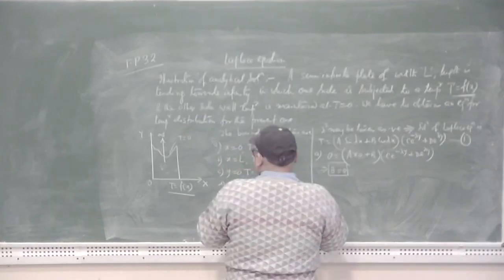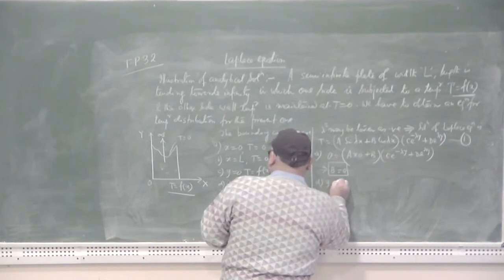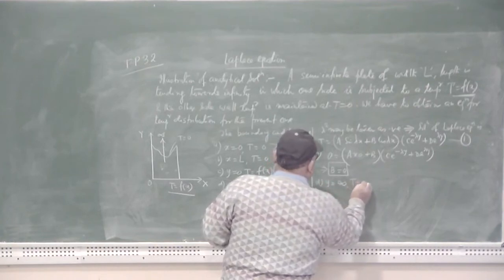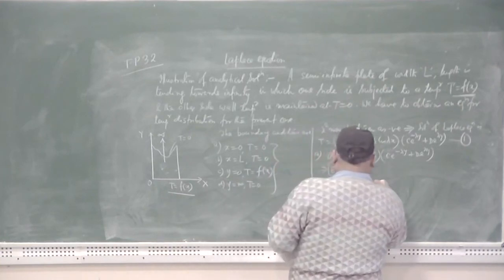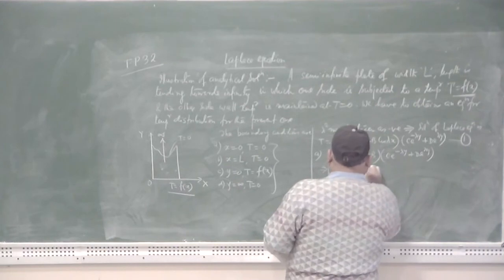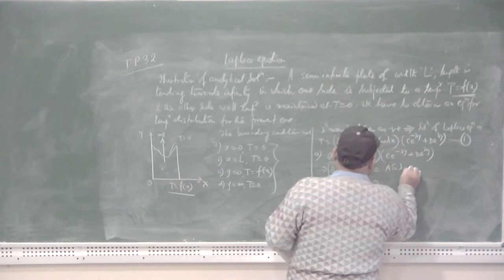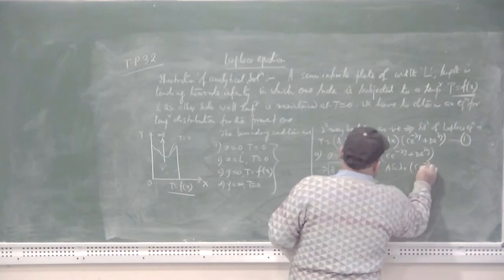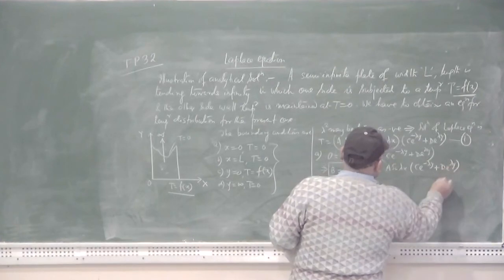Now, put in the boundary condition number D, that y equal to infinity and T is equal to 0. So here you can write the value of T is equal to A sin lambda x into C e raised to the power minus lambda y plus D e raised to the power lambda y.